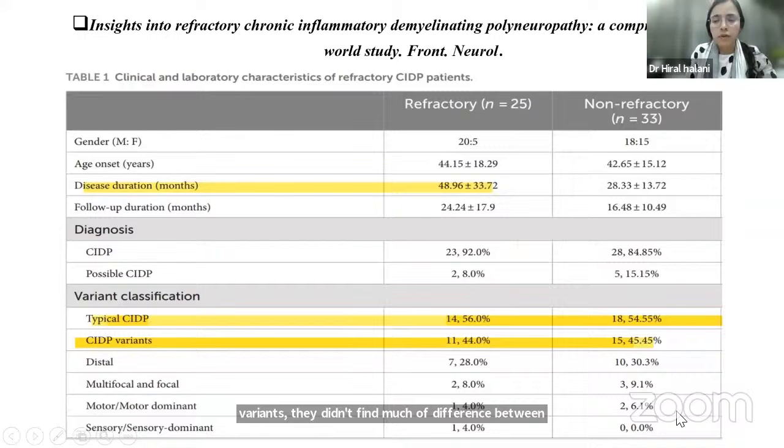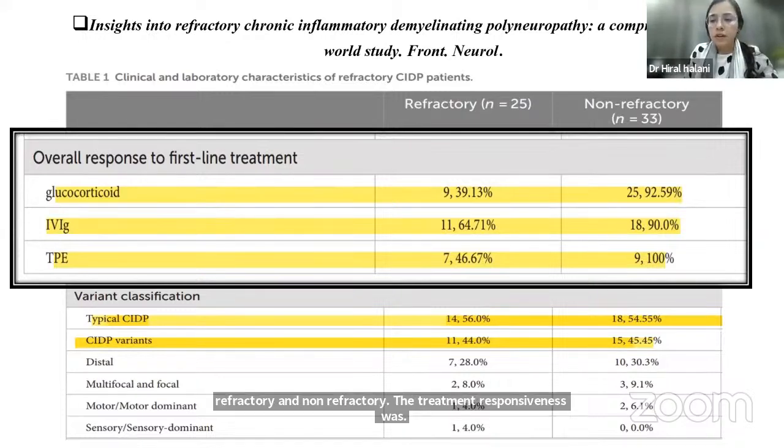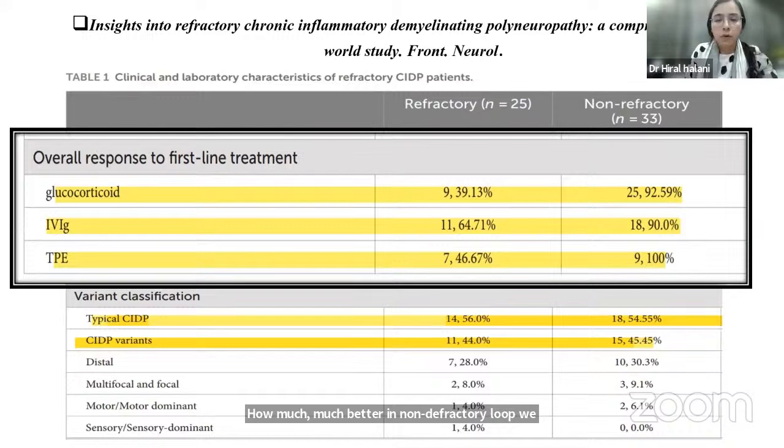About 50% each were typical and 50% were atypical. So this was not a differentiating factor between refractory and non-refractory. The treatment responsiveness was much better in the non-refractory group. We can see 90 to 100% responses to first-line agents, whereas here the responsiveness was about 40 to 50% in the case of refractory CIDPs.